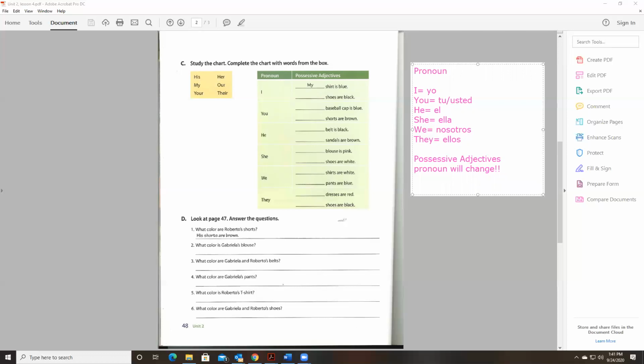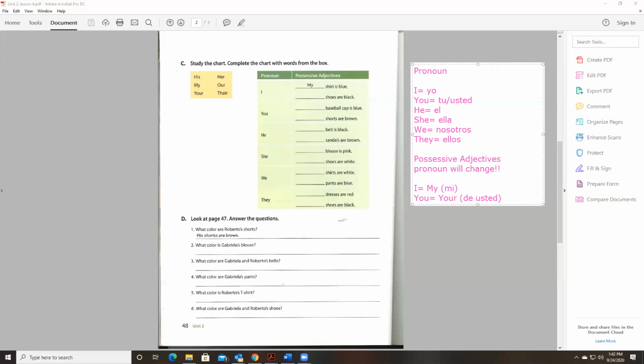So, por ejemplo, si estoy hablando de algo que me pertenece a mí, en vez de usar I, voy a usar la palabra my. O sea, mío. I use you, cambia a your. De usted.